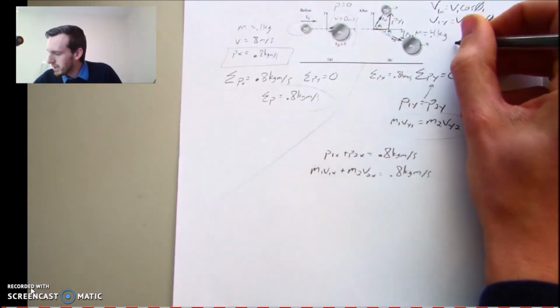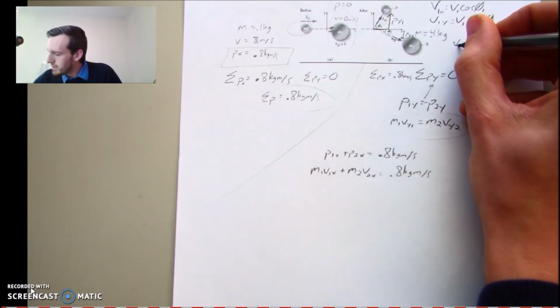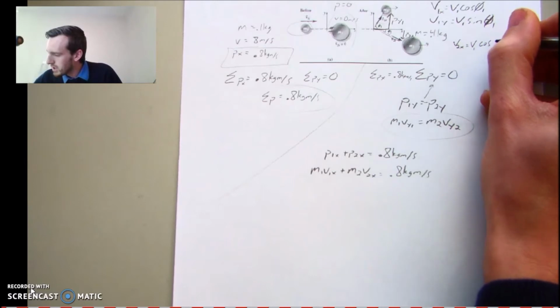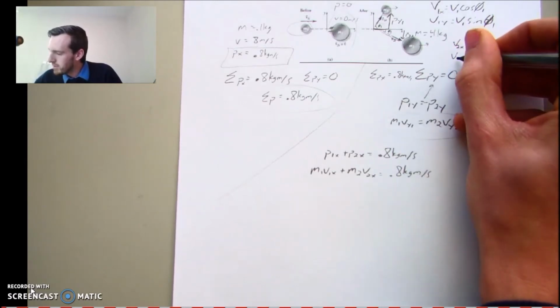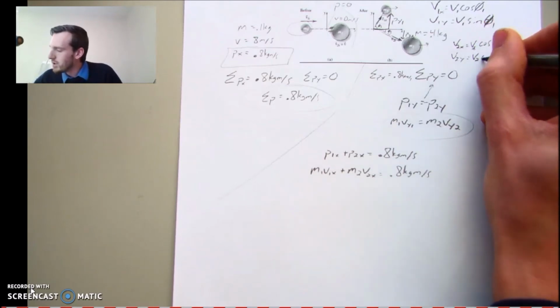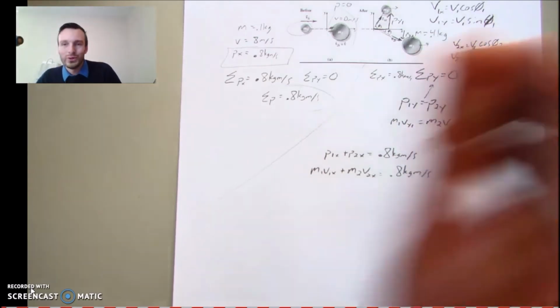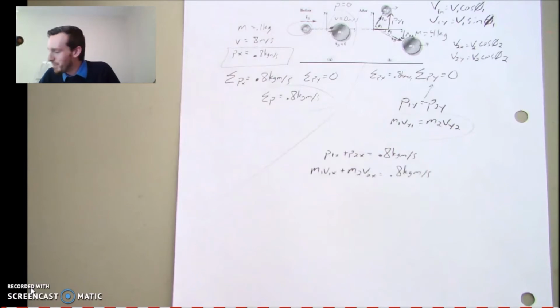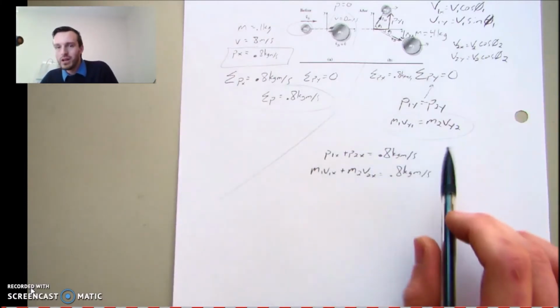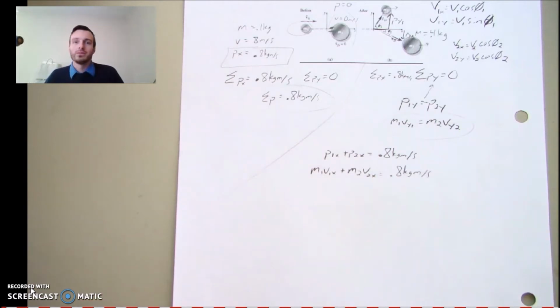Also, for this second guy, V2x would be equal to V2 cosine of angle 2, and V2y would be equal to V2 sine of angle 2. Woo! That's a beast. All right, so you can see how these are going to come in handy because we can plug them into here or here, and this is where we go from AP Physics to AP Substitution, because we're just going to be substituting things all over the place.